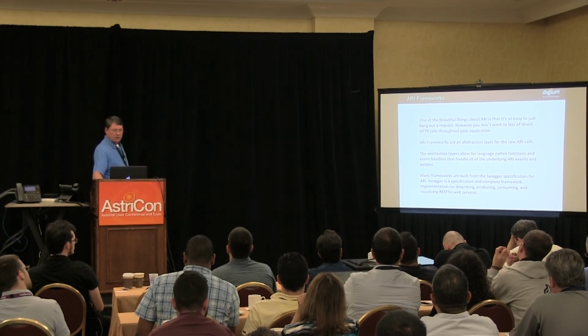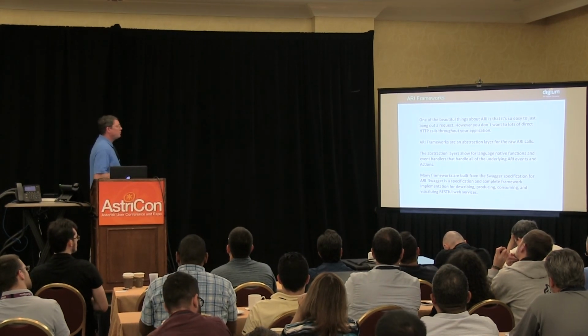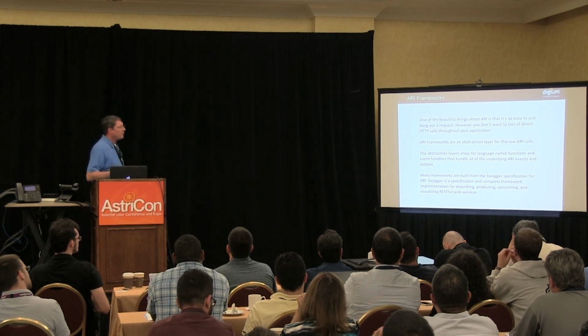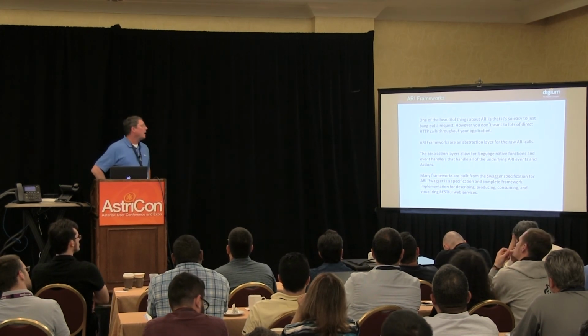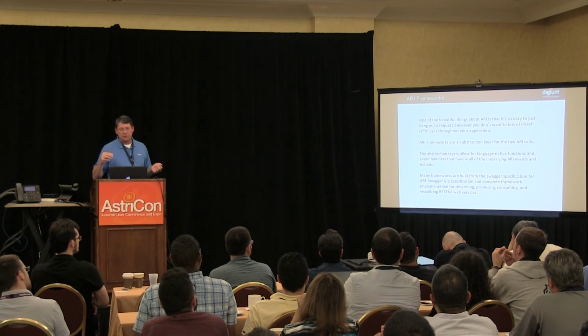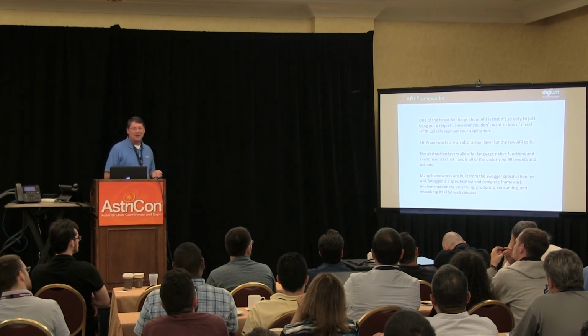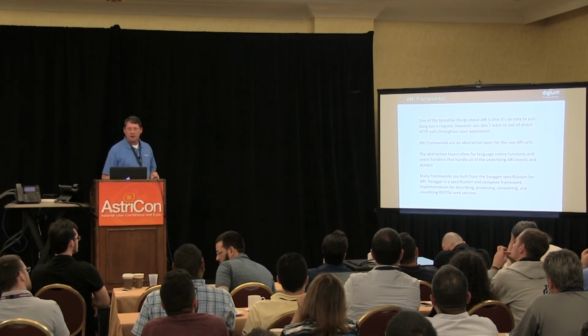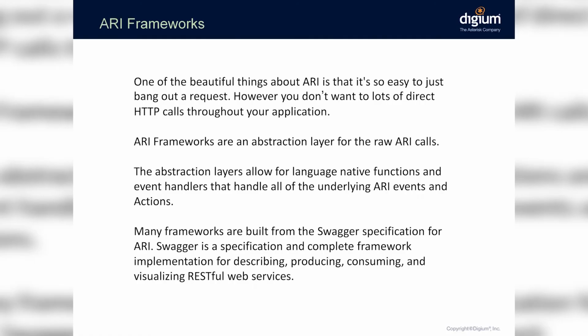So it's really easy to just bang out requests using ARI. However, doing this with direct HTTP calls is not going to be the funnest thing. So there are a lot of abstraction layers and frameworks out there for ARI. ARI was built from a Swagger specification.